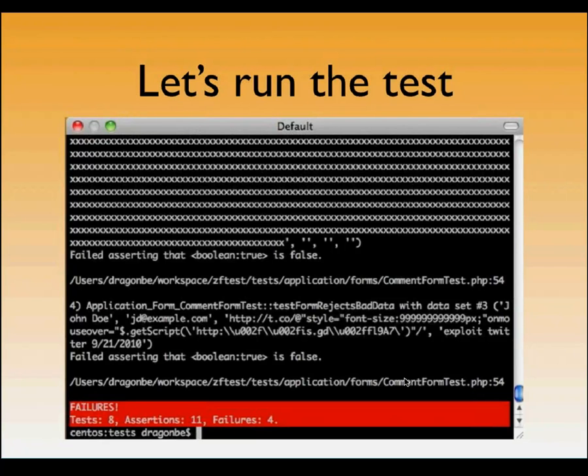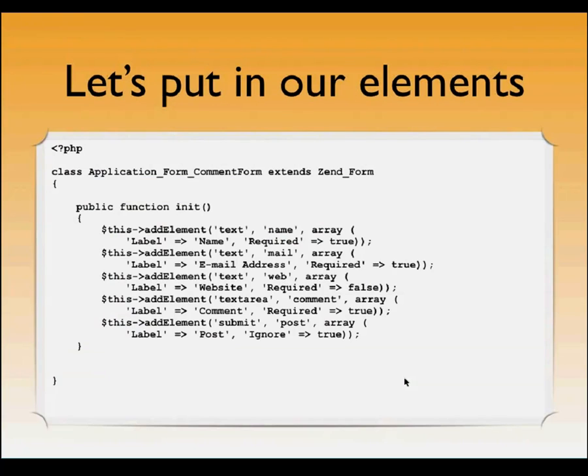So let's put in some elements. And for those who are not familiar with Zend Form, this is a very simple approach where you have this add element in the initialization of your form with the type of field, a name of that field, and then of course some parameters regarding that field, like a label, if it's required or not.